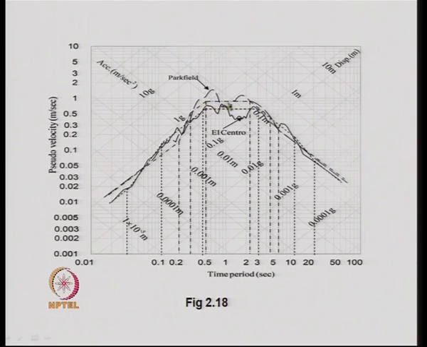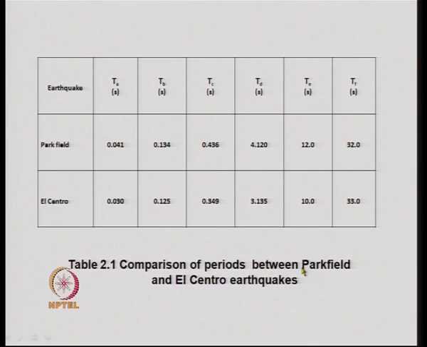When they were idealized with the help of straight lines, they nearly had the same kind of feature, and the only thing that differed was the T values at different points, and these T values were compared in this table.